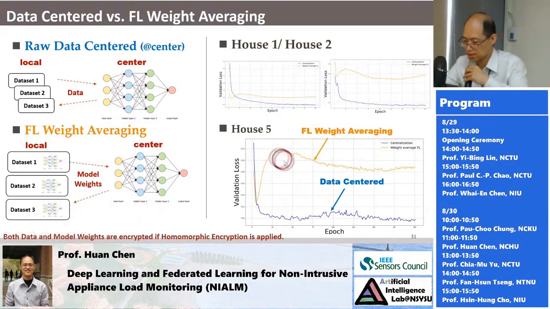As you can see, sending everything to the center gives the best performance, the lower the better. The federated learning weighting average, though only an example, usually performs worse than the data-centered one.